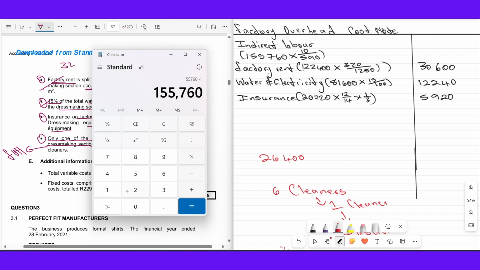155,760 multiplied by 10 divided by 590. We are going to get 2,640. When we minus the 26,400, what are we going to get? You are going to get 23,706. So this is what we must allocate here. Which means we can just take it in a shortcut.